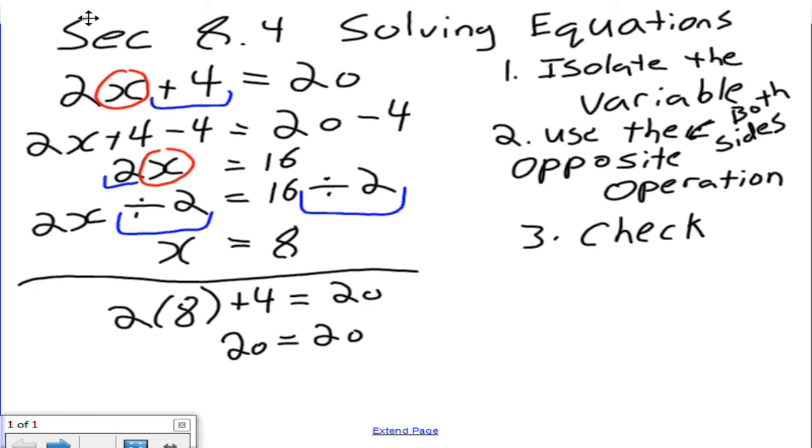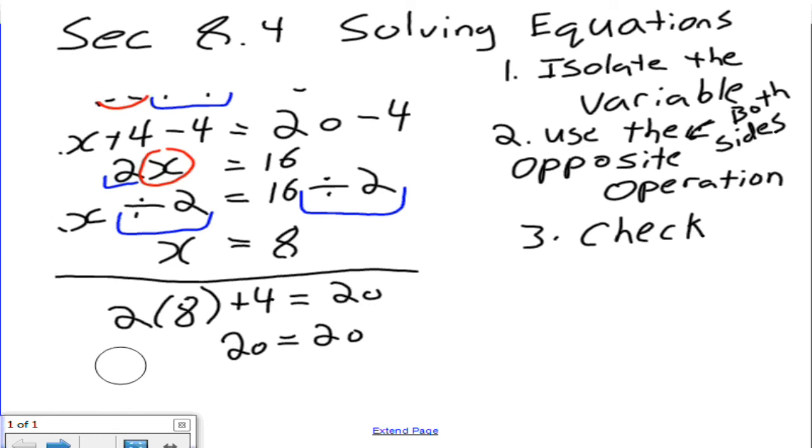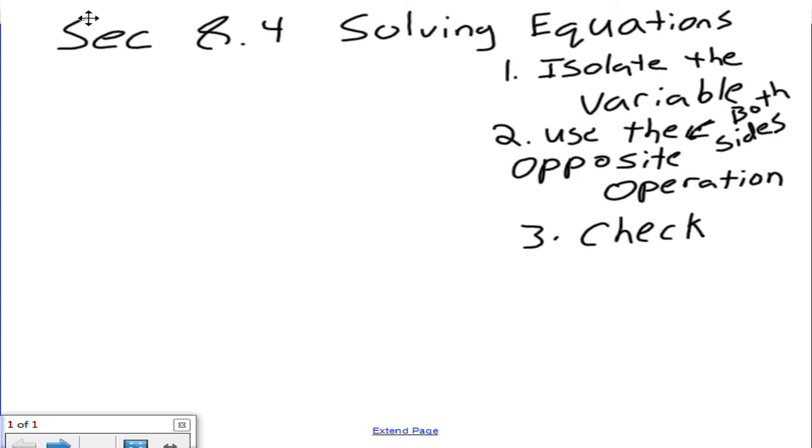We're going to try one with division now. x divided by 3 plus 2 equals 5.